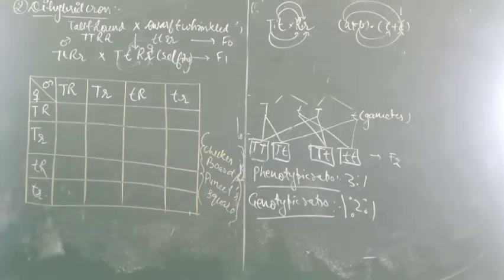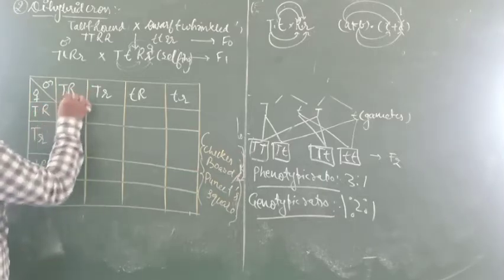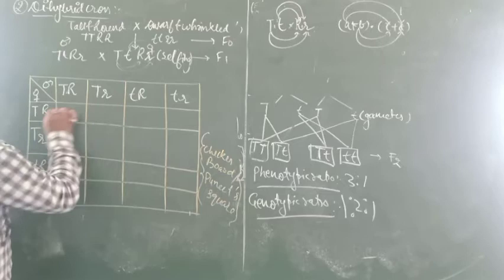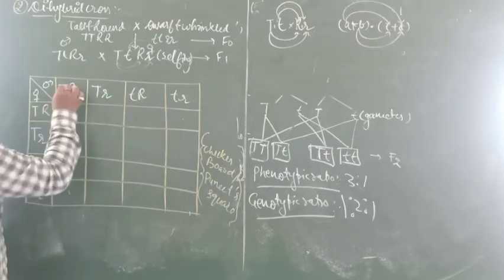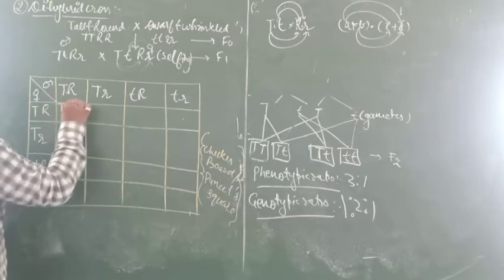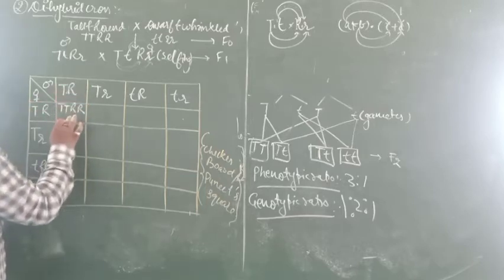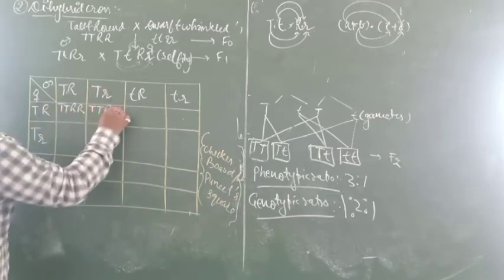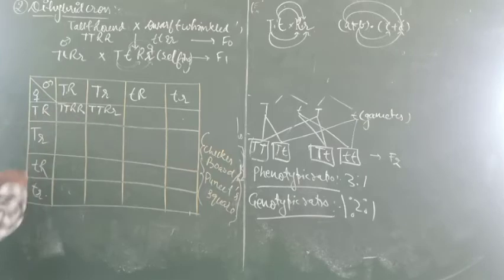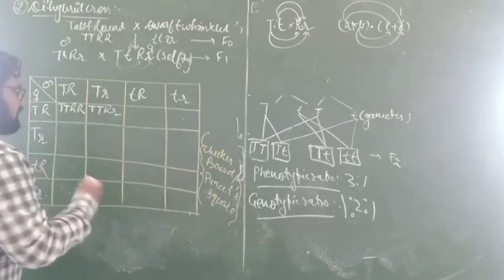The simple process is that you only have to attach and write. If you attach and write here, and here, and here. Capital T capital T, capital R capital R. We will do only the simple thing, just attach it and write. Here capital T capital R small r; for R with r, you have to write the capital first, then the small.